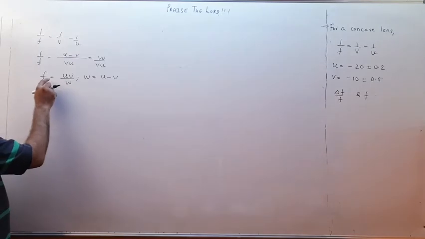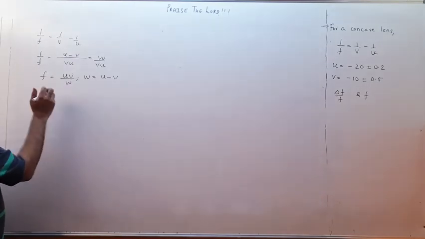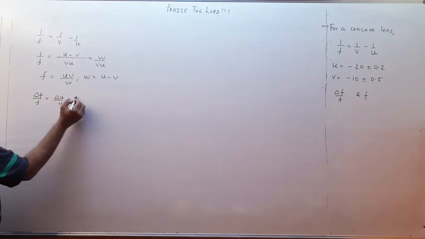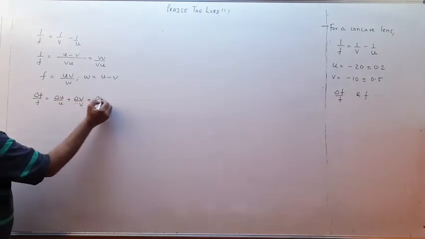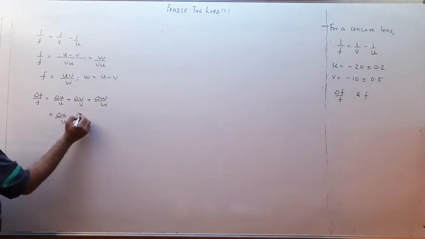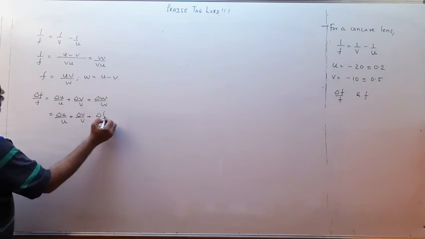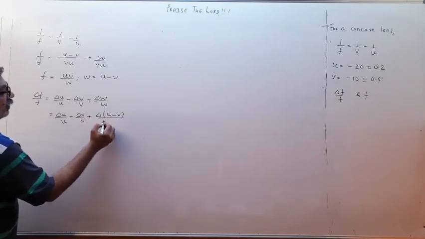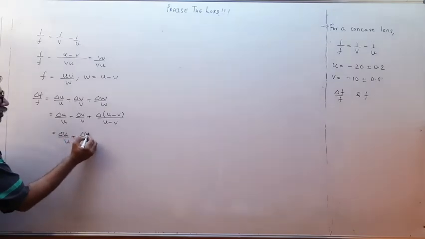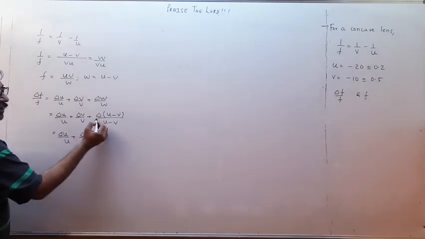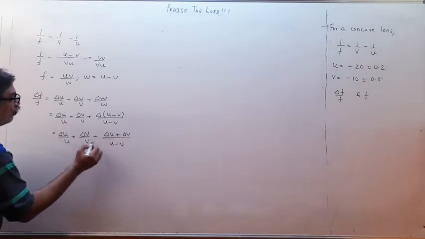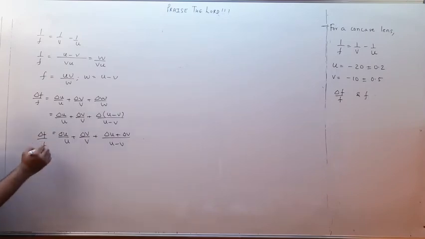Now, just as X is equal to AB upon C, delta F upon F will be delta U upon U plus delta V upon V plus delta W upon W. W means U minus V, so that is delta U upon U, delta V upon V, and now see, error in A minus B will become delta U plus delta V upon U minus V. That will be delta F upon F.